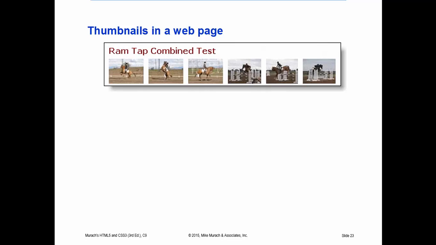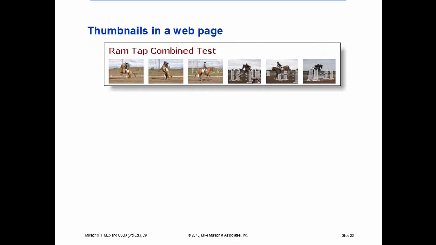A thumbnail can be used as the image for a link that displays the page in a larger version. If you've ever heard of light boxes, which we will talk about in a later chapter, it's kind of what happens there. A larger version of a thumbnail can be displayed on the same page by using JavaScript for what's called an image swap, and that'll be discussed in Chapter 15.